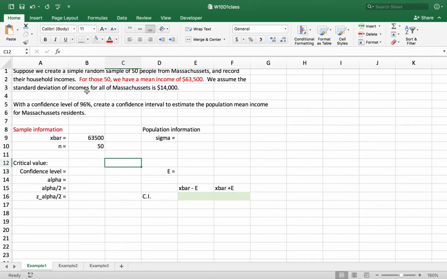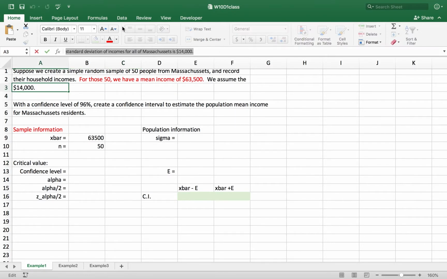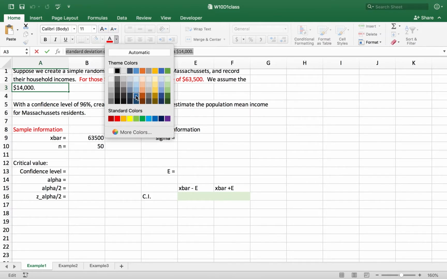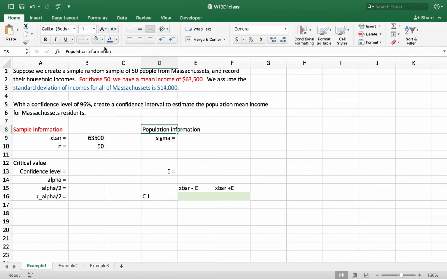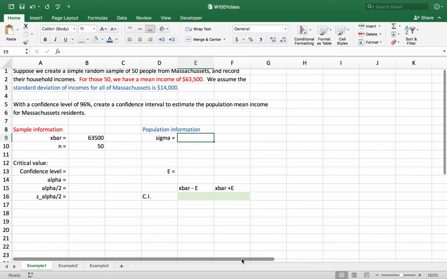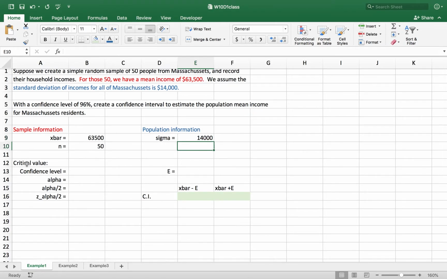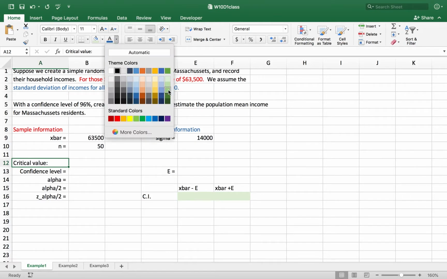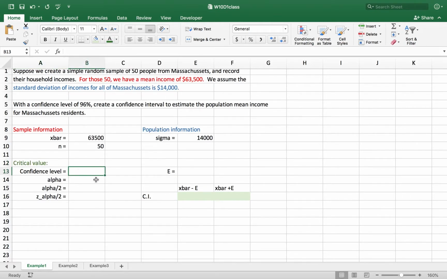We assume the standard deviation of income across all of our Massachusetts residents is 14,000. So this is population level information. This is what we would refer to as sigma.